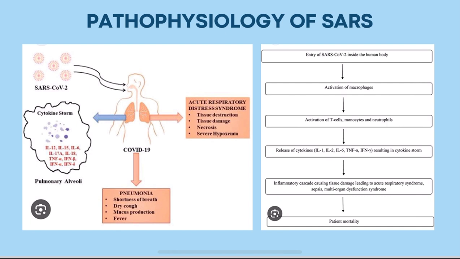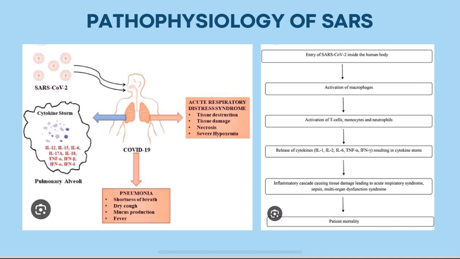Okay, they will release the cytokines which will further activate the macrophages. And then there is activation of T cells, monocytes, and neutrophils. So we see that the monocytes here are also released from the bone marrow, where they will further differentiate into macrophages and they will release the pro-inflammatory factors.